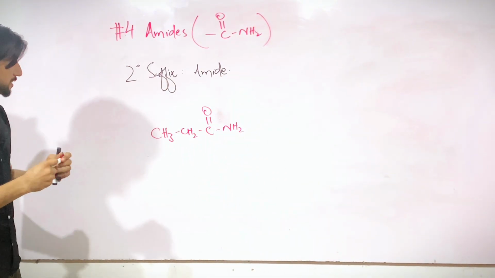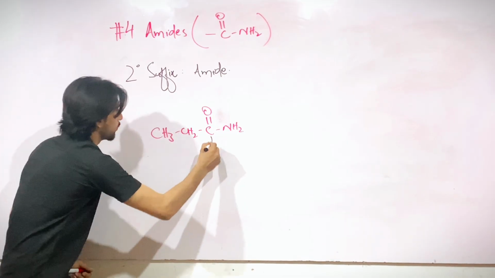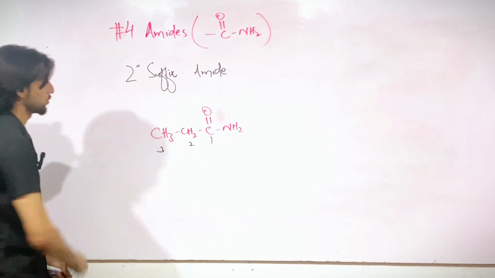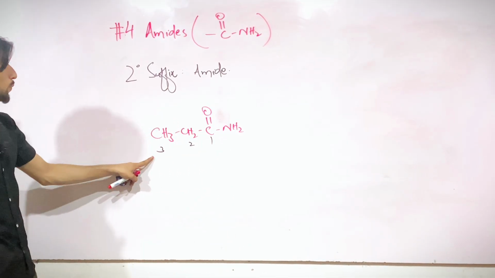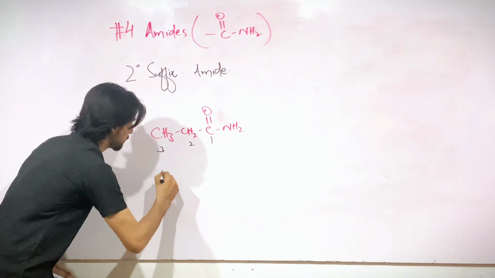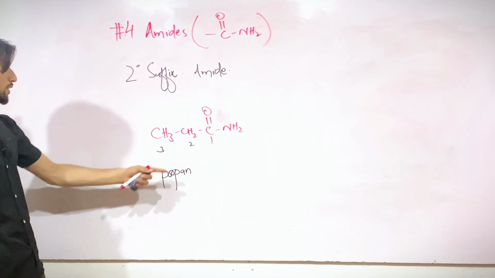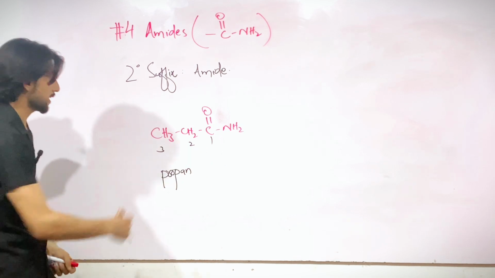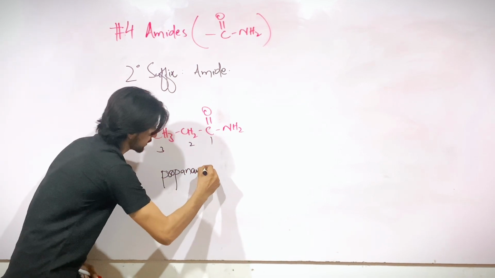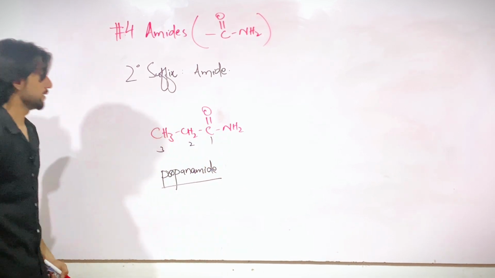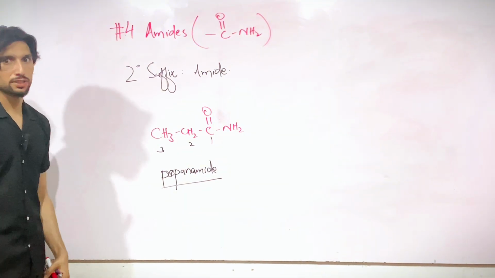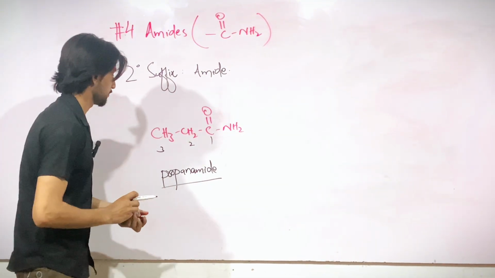What will be the name of this compound? This will be 1, 2, and 3. So for 3 carbon atoms, we say it is prop, and an for saturation, and amide is our secondary suffix. So the name for this compound becomes propanamide.